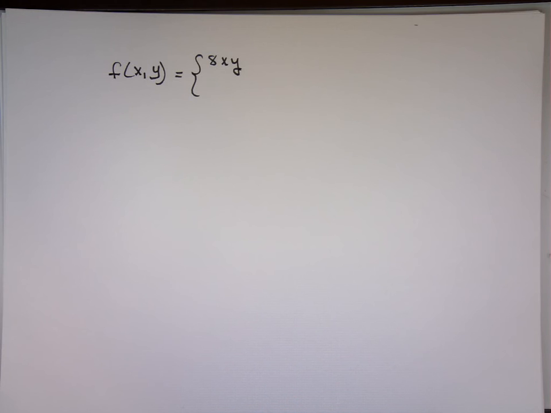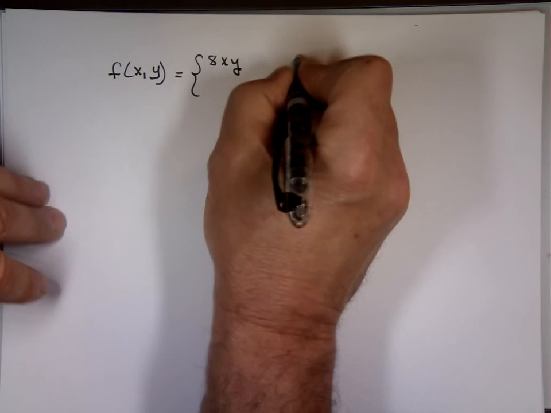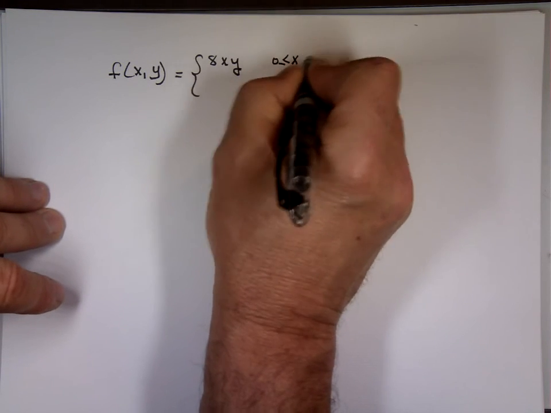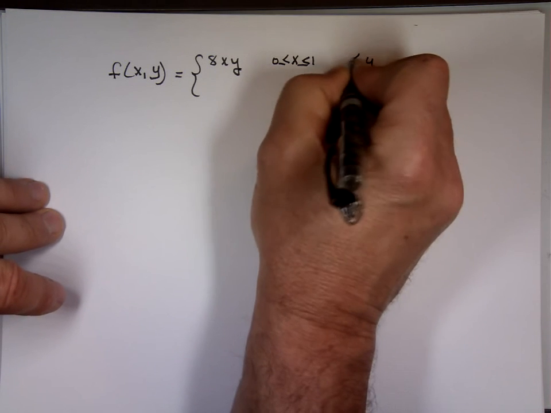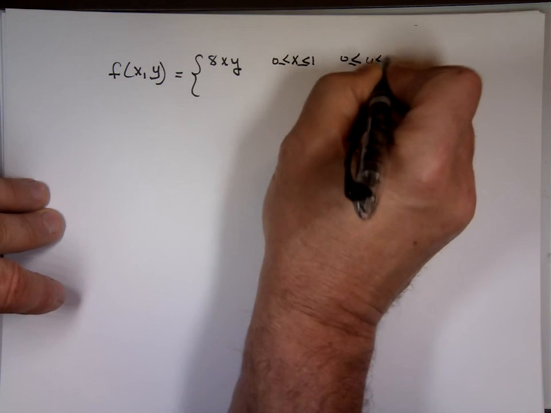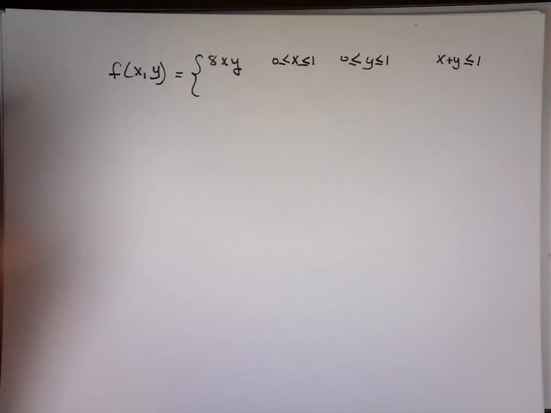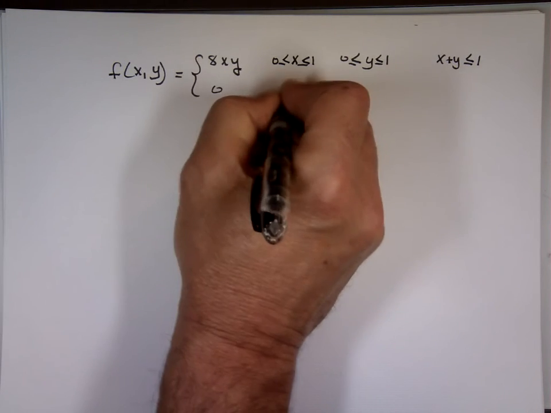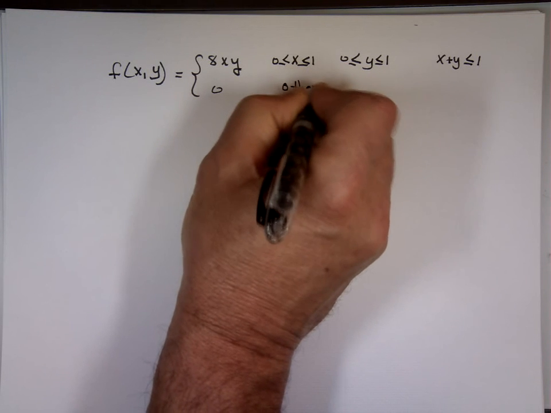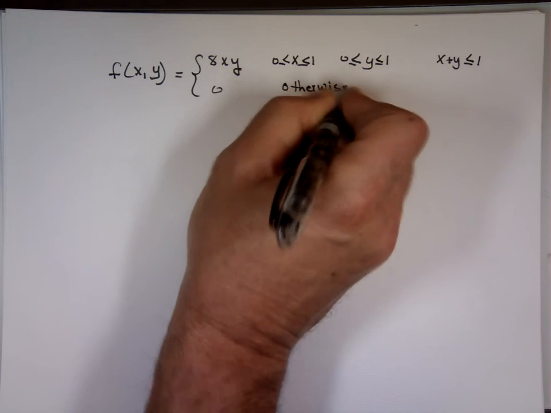X between 0 and 1, y between 0 and 1, and x plus y is less than 1, I think. And 0 otherwise. And we're going to find the correlation for that one.